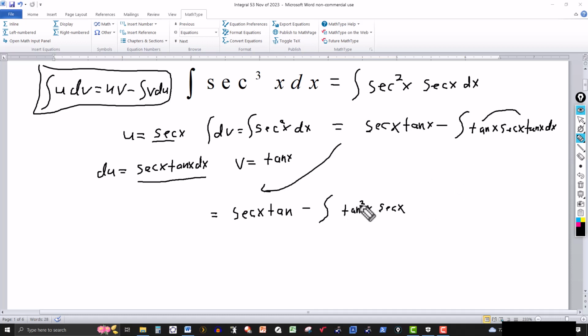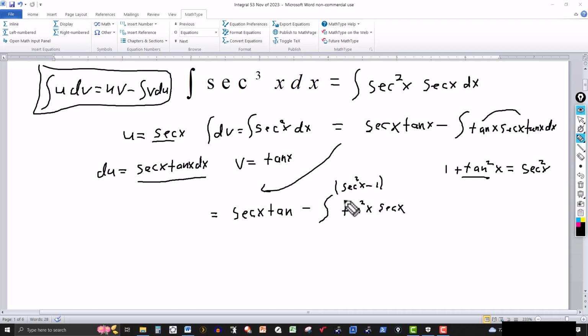Now I'm going to replace this tangent squared using the identity 1 plus tangent squared equals secant squared. Solving for tangent squared here, I get secant squared of x minus 1.